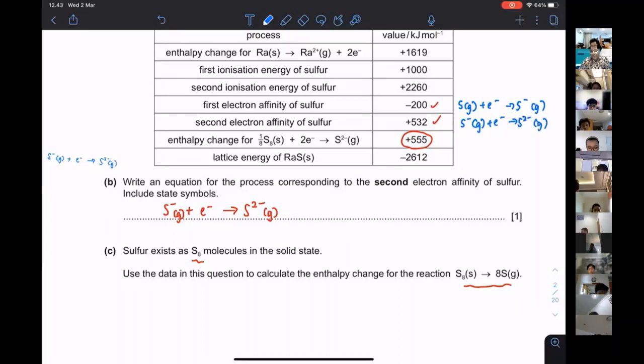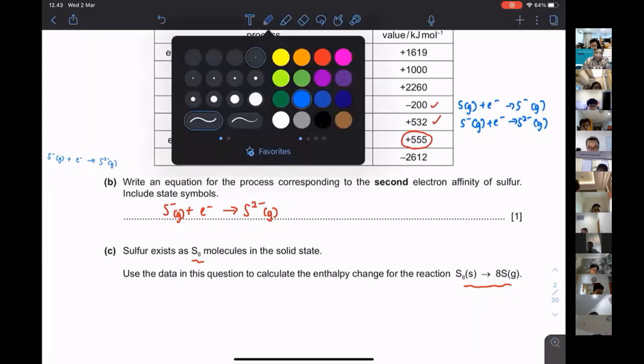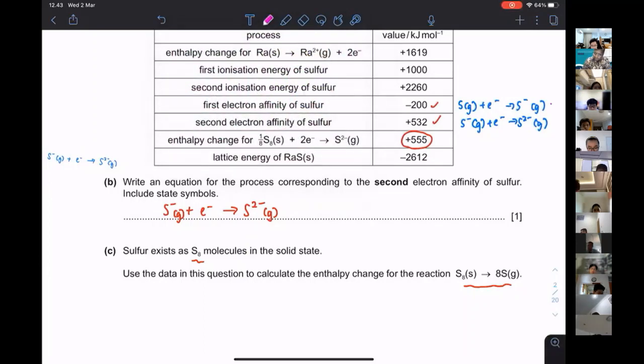So you can combine these 2 equations by adding them. When you add, the S minus and S minus will be cancelled. So you will have S gas plus 2 electrons to give me S2 minus, which is gas.